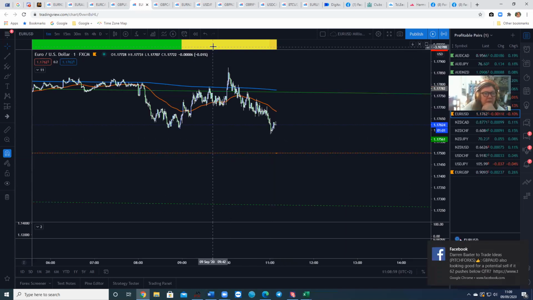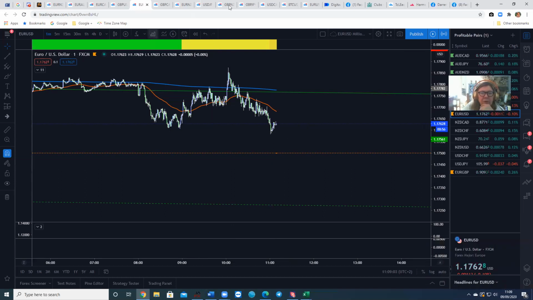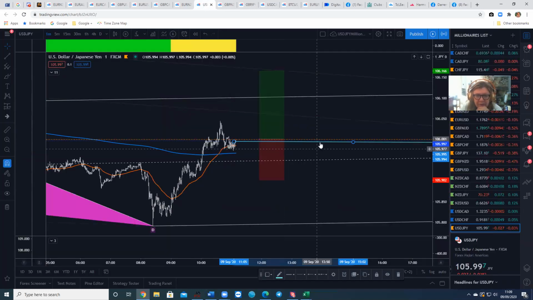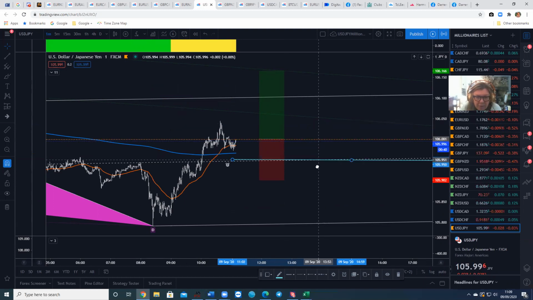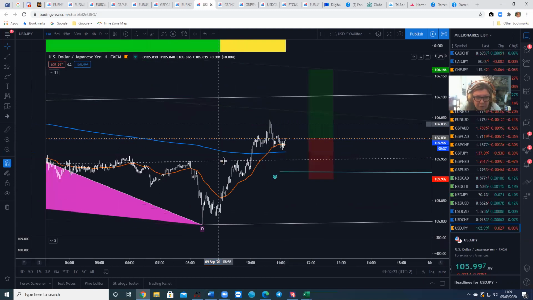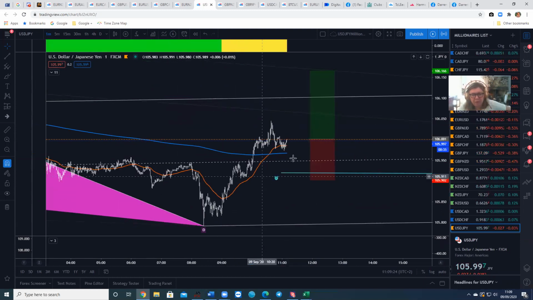What was that just went off? Can't remember now. Something just went off. Oh, UJ was it, or GJ? Here it is. So this is USD JPY, which is our New York pair, well, USD, obviously New York, JPY Asian.